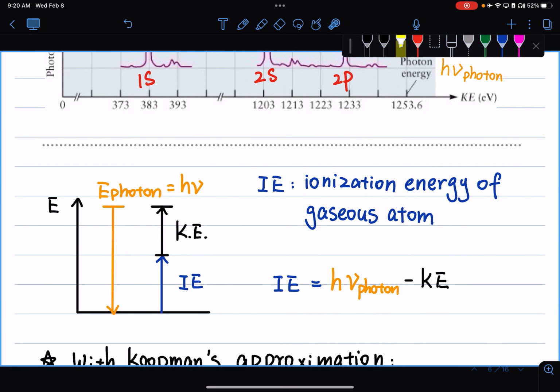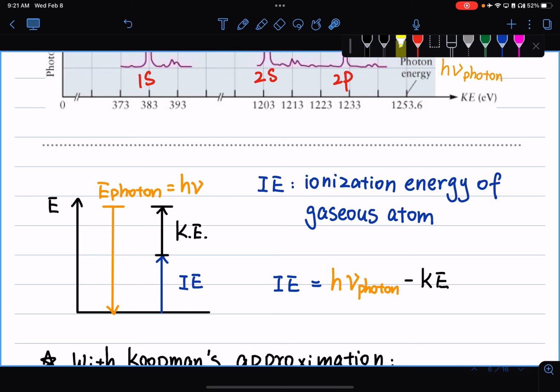What we have is we gave the atom enough energy in the form of laser radiation or just a photon. The energy of the photon is given by E photon equals h nu. That's rooted in the wave-particle duality of light.